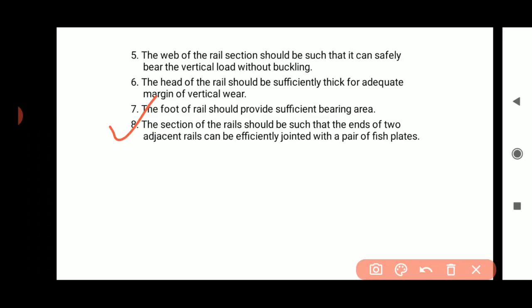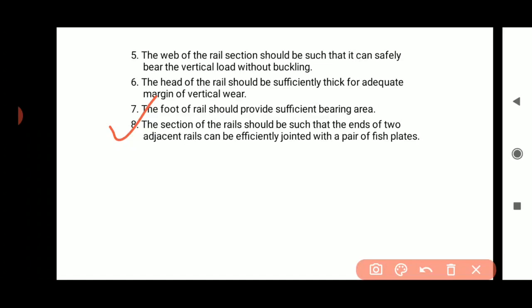So the bottom of the head and the top of the foot of rails should be so shaped as to enable the fish plates to transmit the vertical load efficiently from the head to the foot at the rail joint.